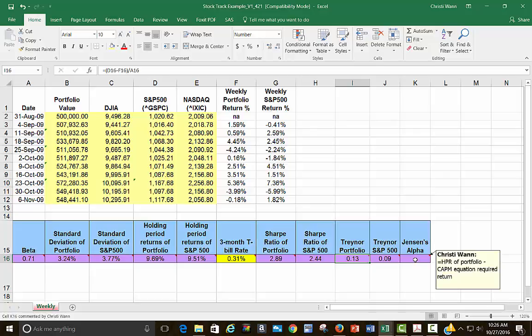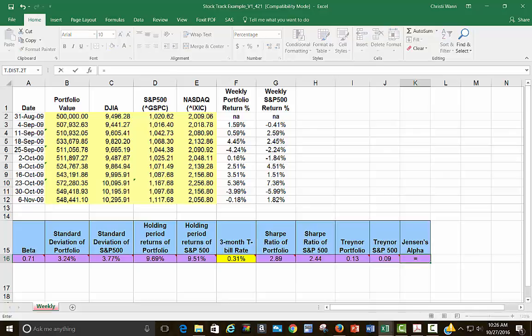And then Jensen's alpha is the last thing to calculate, and you can really only do this for the portfolio. So all we need is the holding period return of the portfolio minus what the CAPM would predict as the required return for the portfolio.